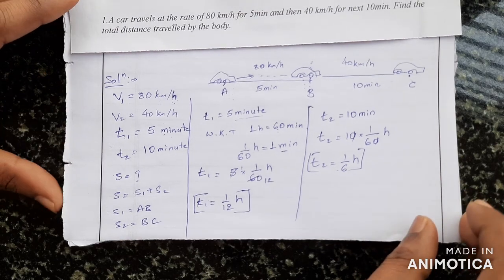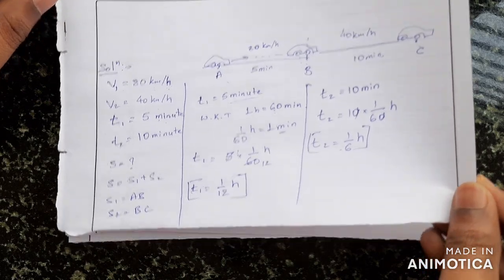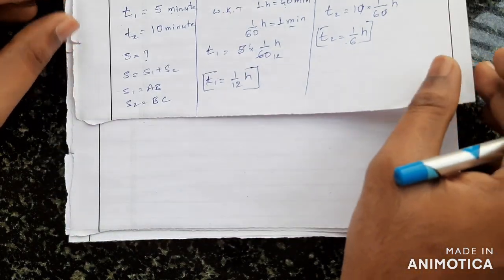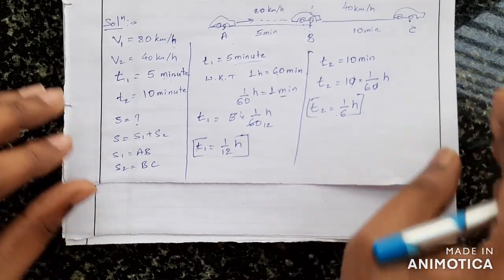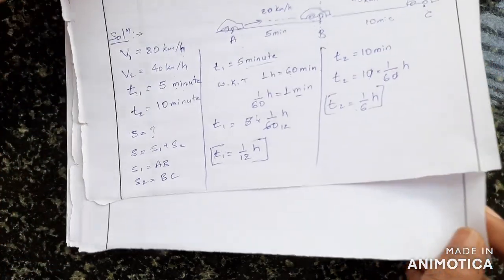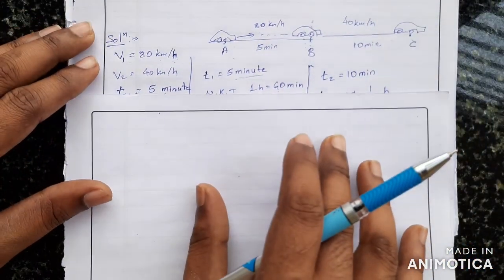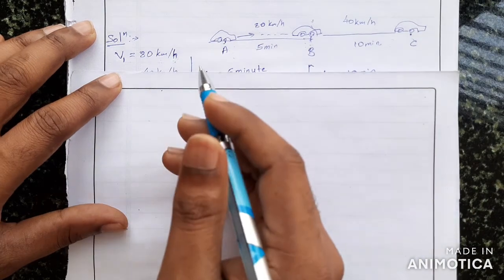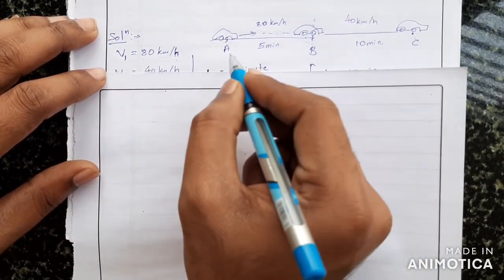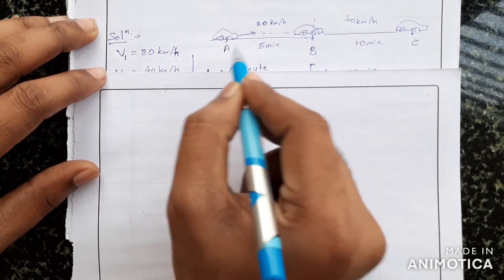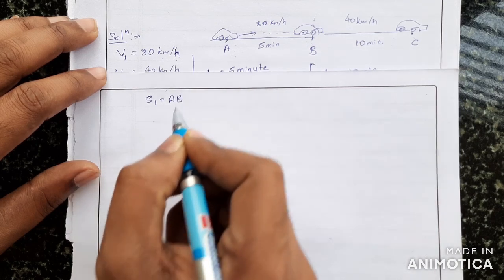Next, it's time to calculate the distance traveled. The total distance traveled AB, let us calculate it. First we shall find AB, which itself we called S1. S1 is equal to AB, right?